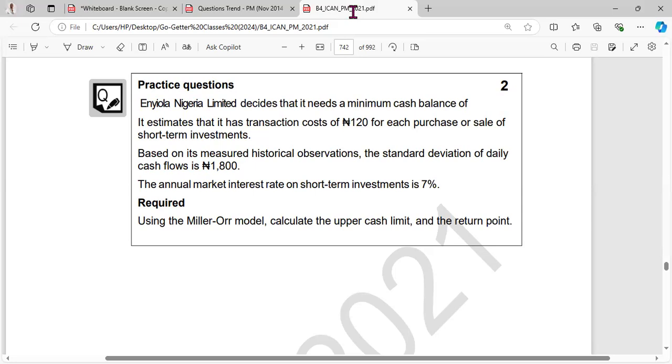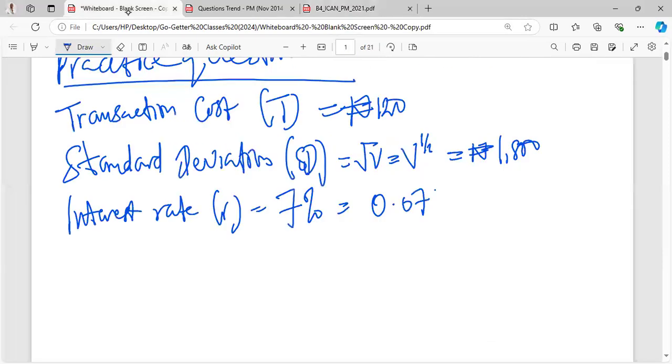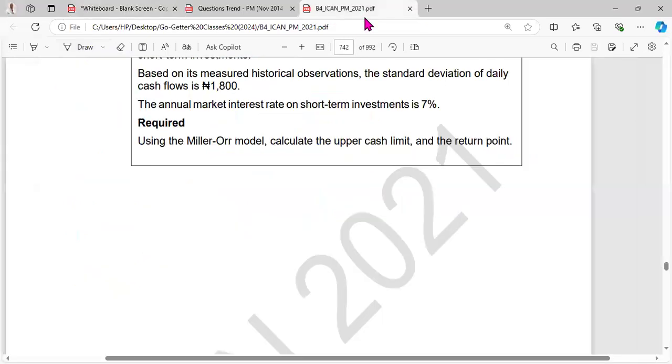So we are asked to use the Miller-Orr model to calculate the upper cash limit and the return point. So let's look at the spread. Spread is equal to, let's look at that mighty formula there.